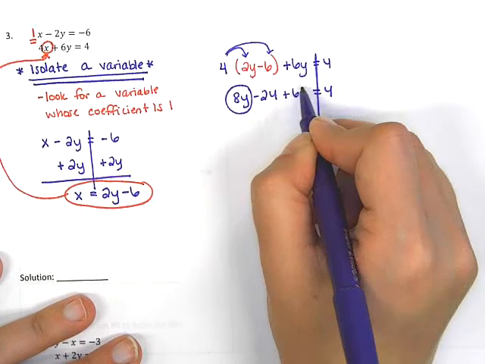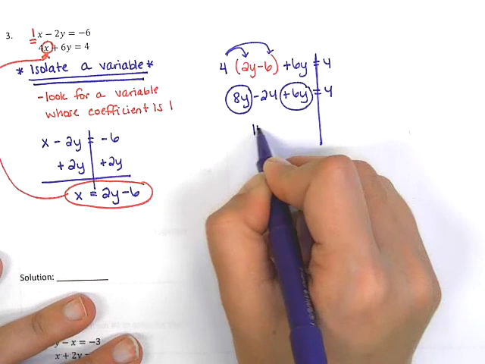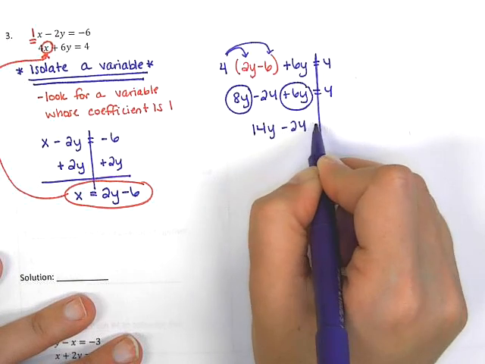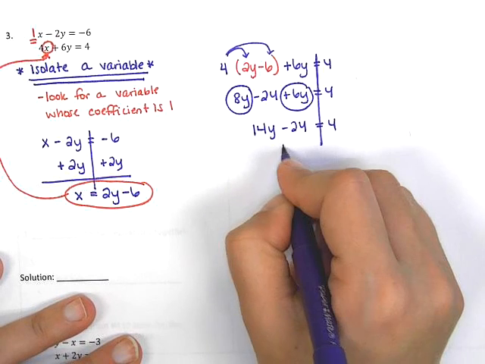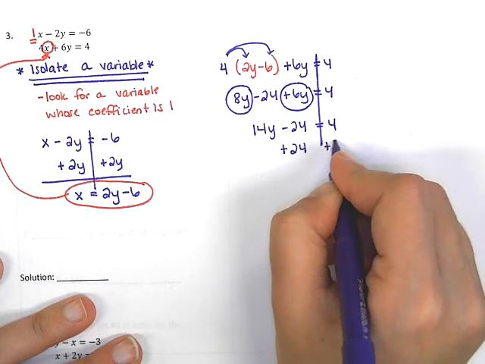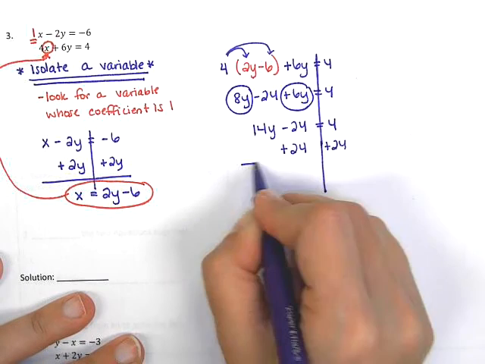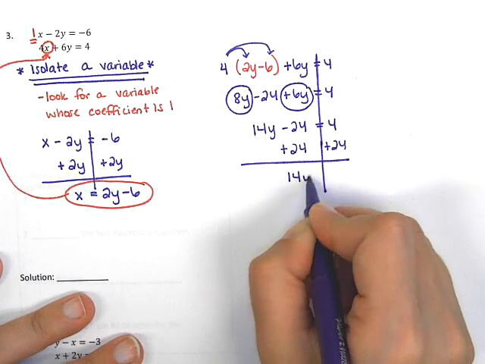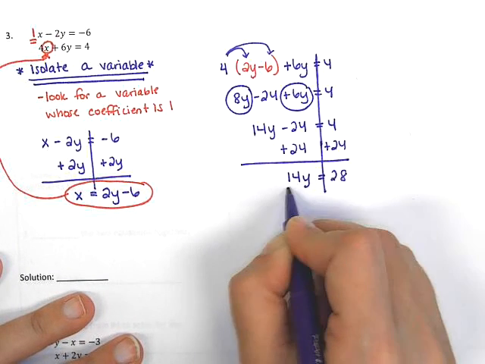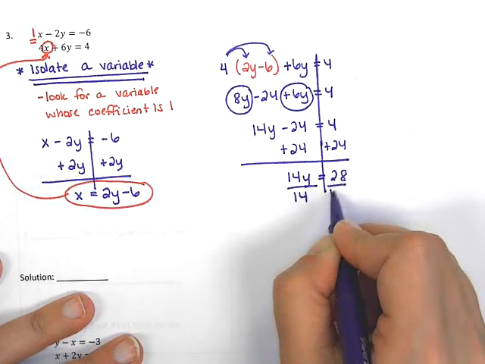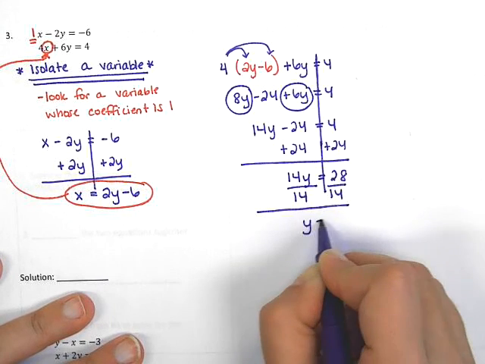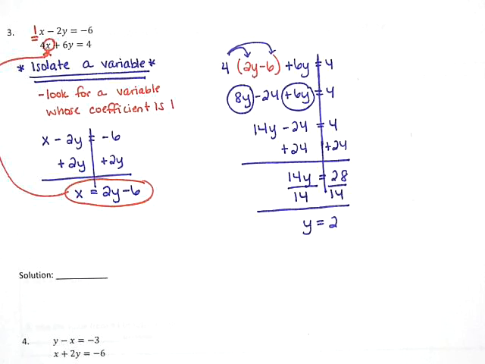The 8y and the 6y are like terms, so 14y minus 24 equals 4. I would add the 24 on both sides, so I get 14y equals 28, and then I would divide by 14 on both sides, so y equals 2.